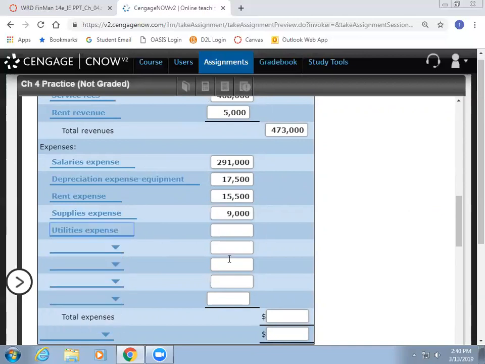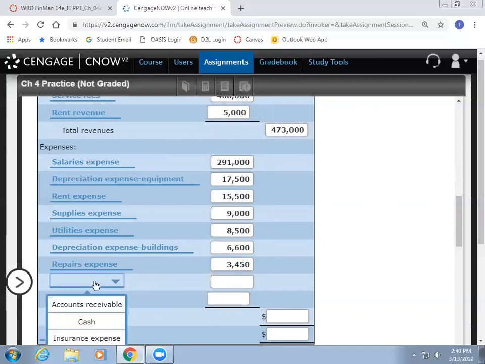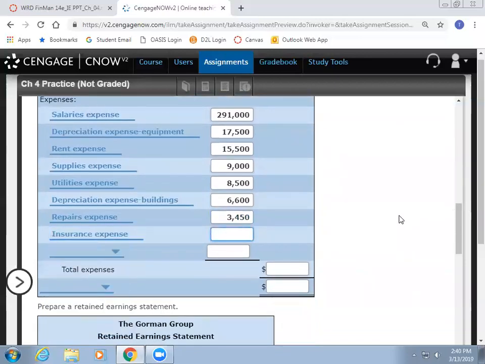Then we have utilities expense next, and it's $8,500. Depreciation expense on the buildings, $6,600. Repairs expense is $3,450. Insurance expense is $3,000.